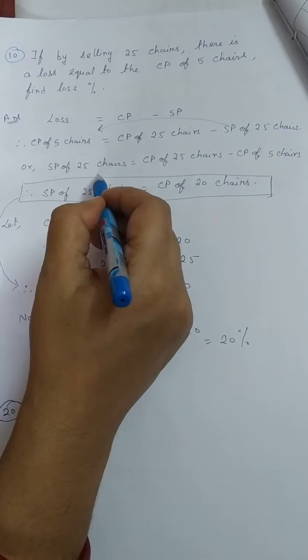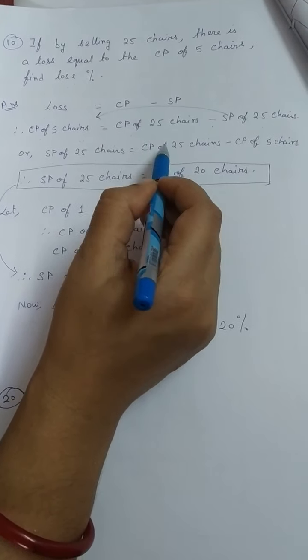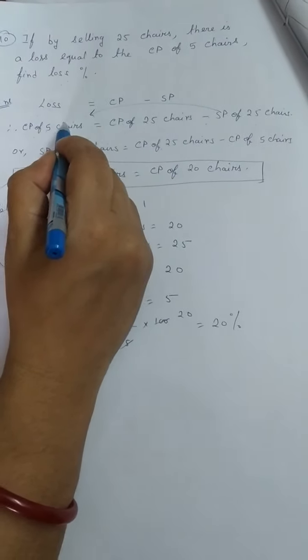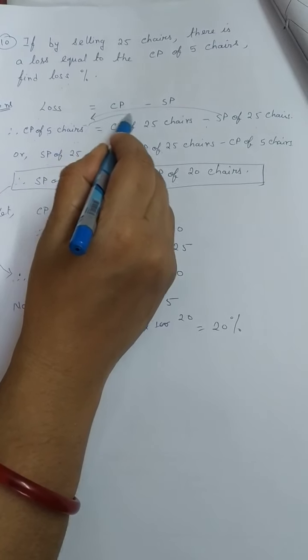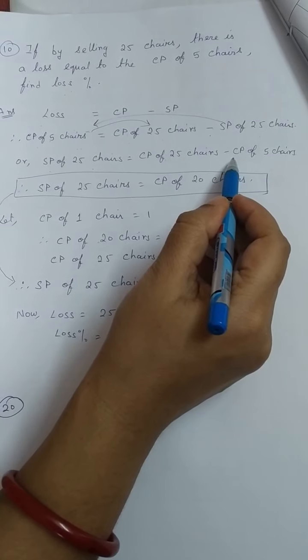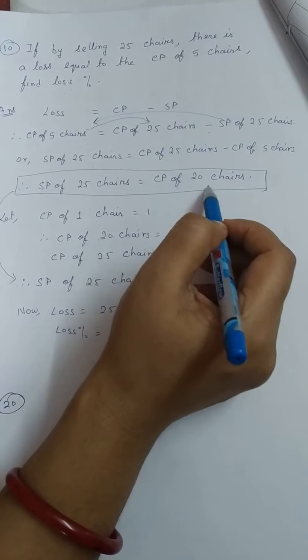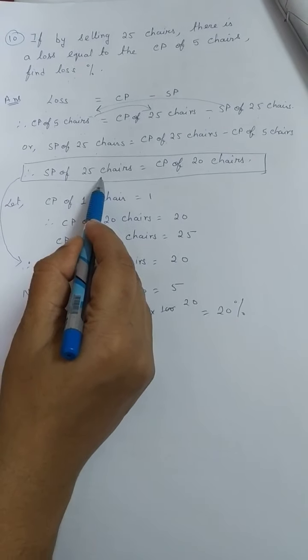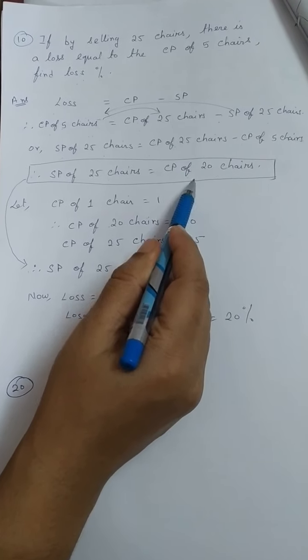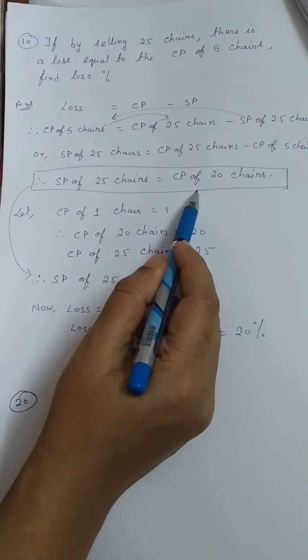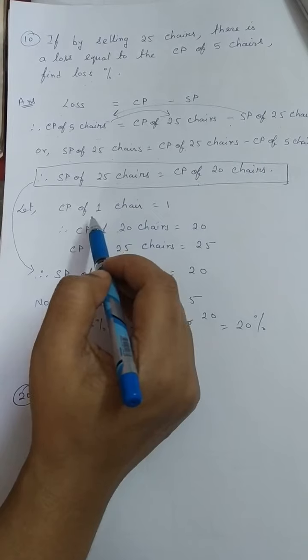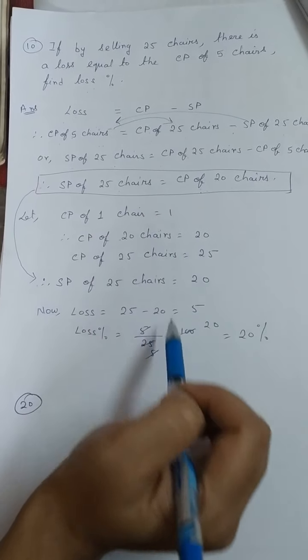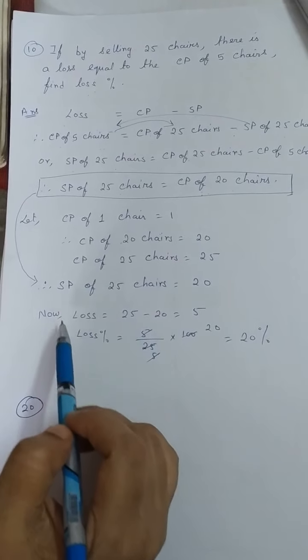So selling price of 25 chairs equals cost price of 25 chairs, and this cost price moves to the right side and becomes minus. So 25 minus 5, that is equal to 20 chairs. Now this is the relation: selling price of 25 chairs is equal to cost price of 20 chairs. This question is quite similar to the previous one. We assume that cost price of 1 chair is 1, and in the same way we can solve it.